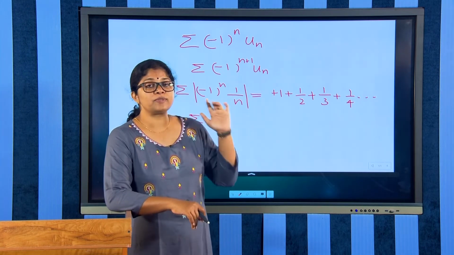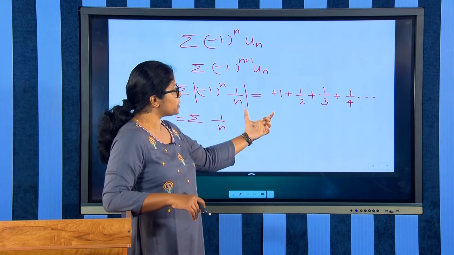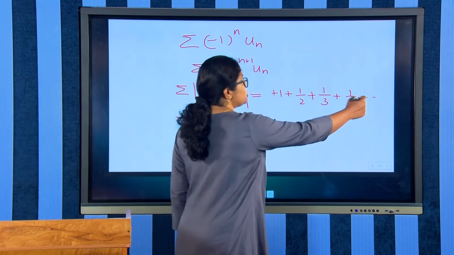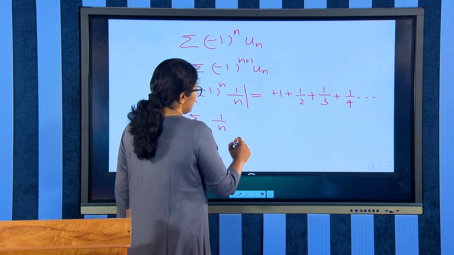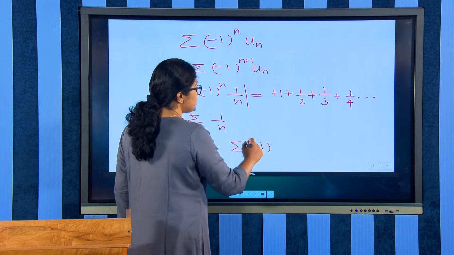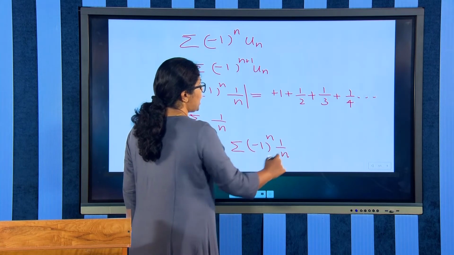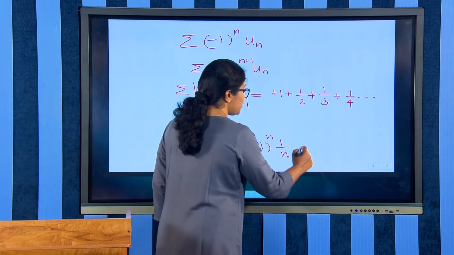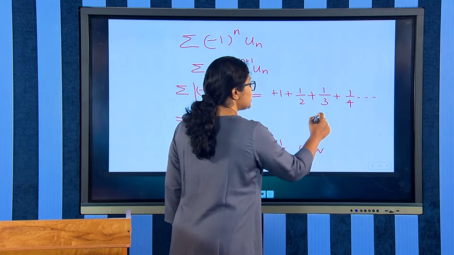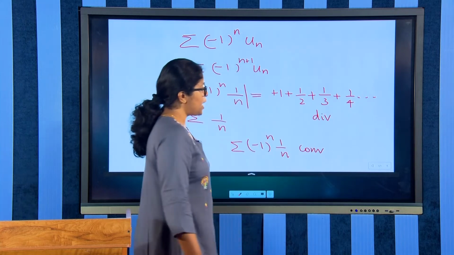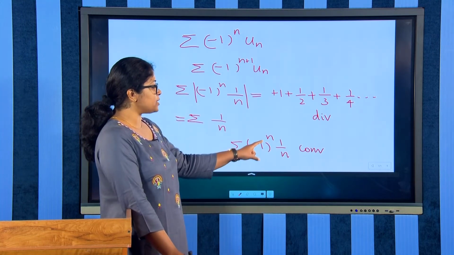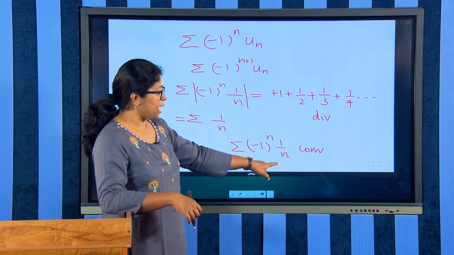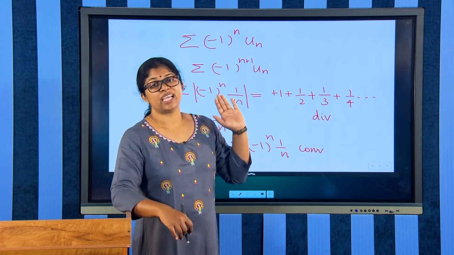So, the definition of absolute convergence with the help of this problem can be considered as: if this series converges, then the series summation negative 1 power n 1 upon n is said to be convergent. And if this converges, but this, as we know, diverges, then we can say that negative 1 power n by n converges only conditionally.